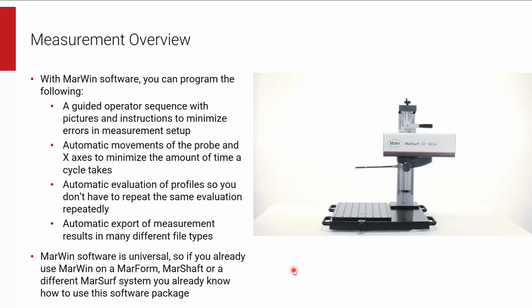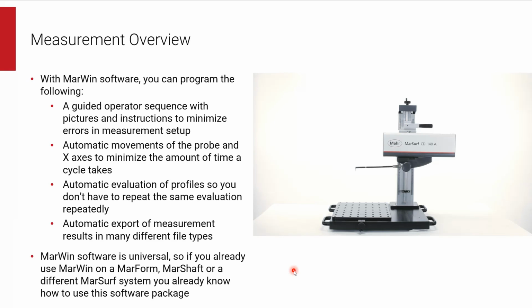We can program automatic movements of the probe in the probe axis and the x-axis to minimize the amount of time a measurement cycle takes. This way, the operator does not have to move the x-axis to the start of the measurement. The automatic x-axis can do that for you.